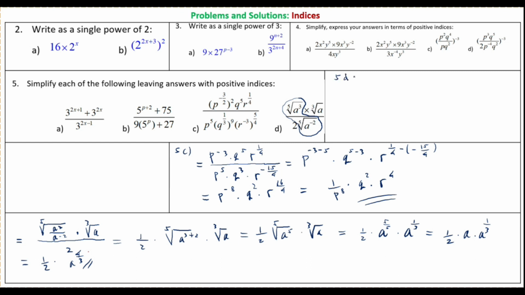5D, second way. So we convert surd forms into index forms. So we write here equals a to the power of 3 over 5 times a to the power of 1 over 3 divided by 2 times a to the power of minus 2 over 5.